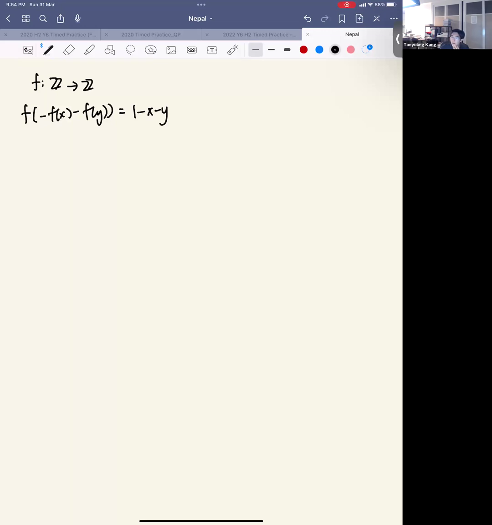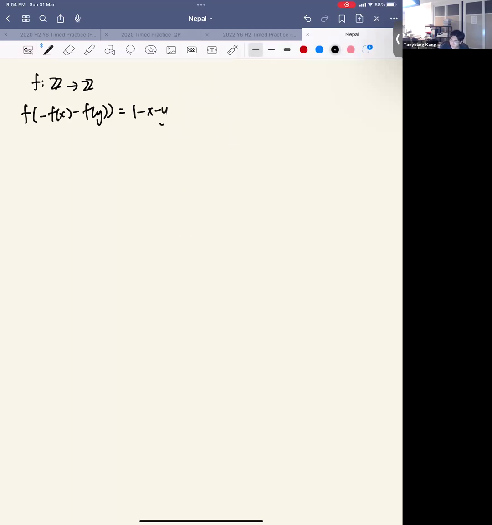y equals 2x. Do you try substituting it? Does it work? If y equals 2x, we have f(-2x - 2y) equals 1 minus x plus... Obviously, this won't work, right?